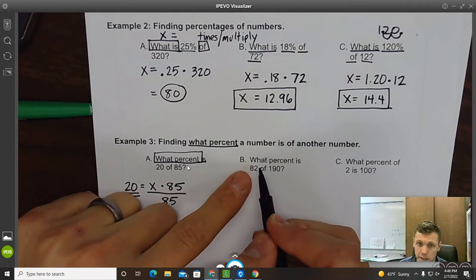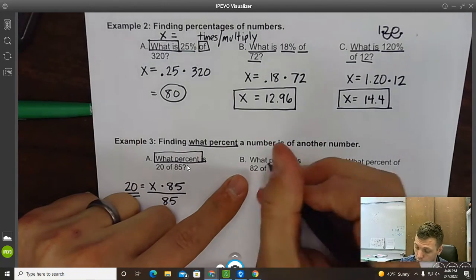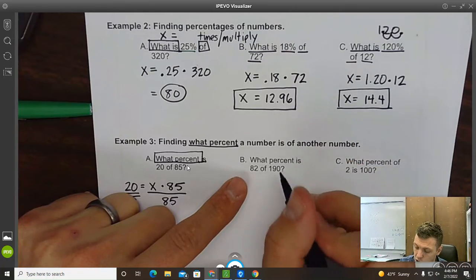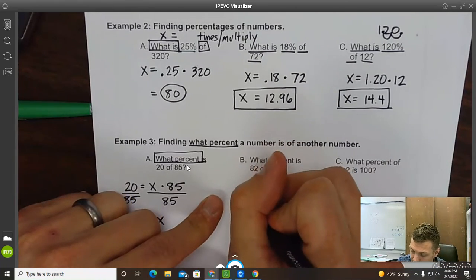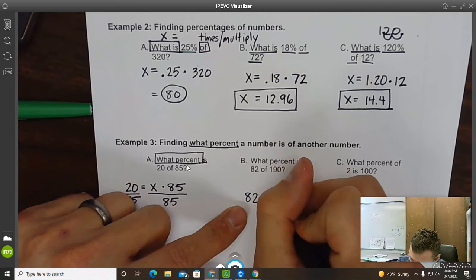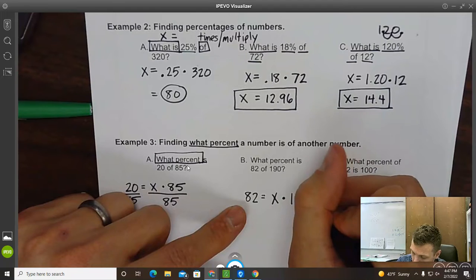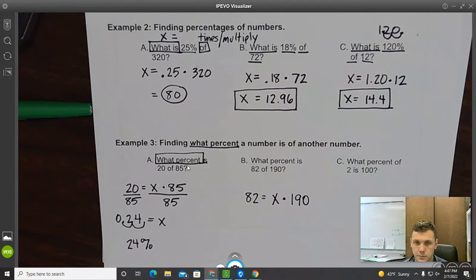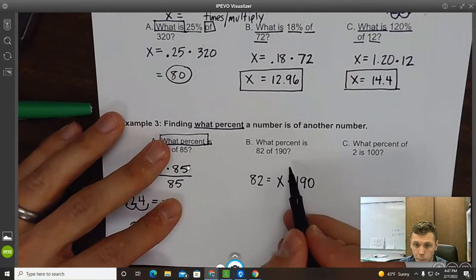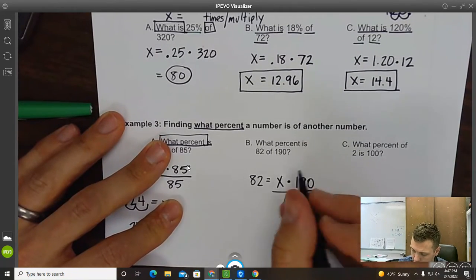Okay, so part B. What percent is 82 of 190? 82 is our answer. We are trying to figure out what percent we are multiplying the 190. The opposite of multiply is divide.